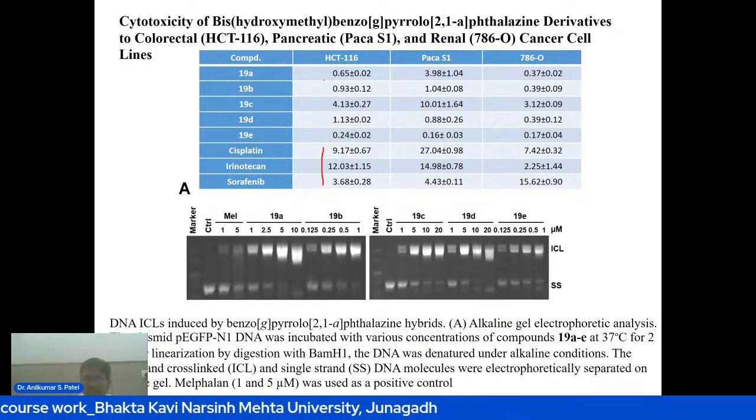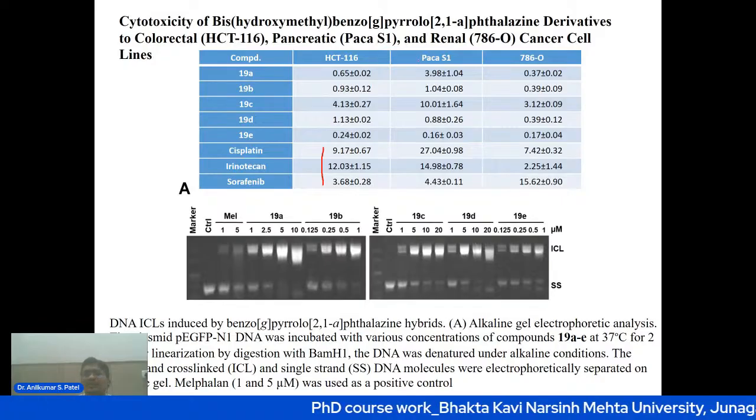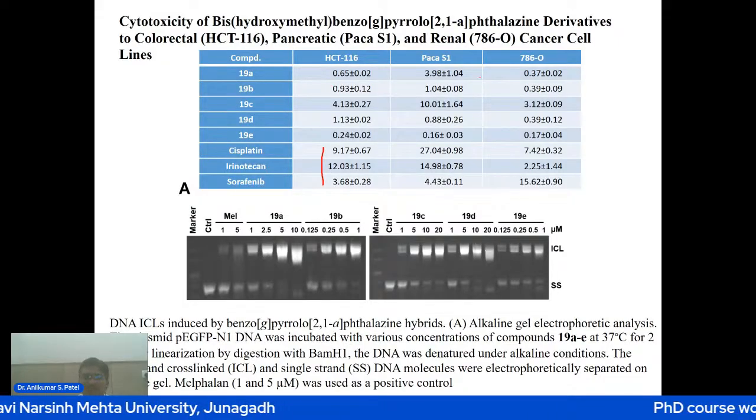We can see that 19A and 19B both give more potency in all three cancer cell lines.